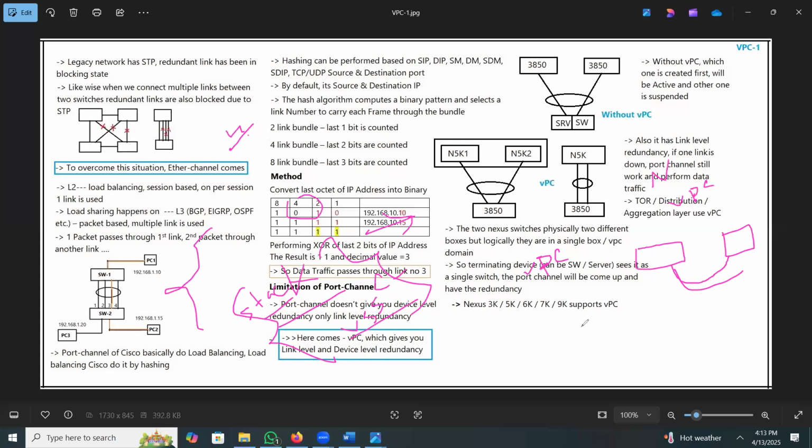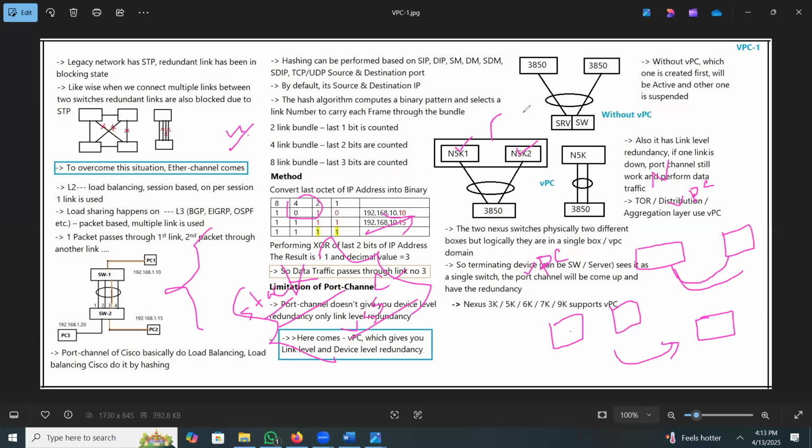So what is the end goal? The end goal is that two switches will act as a single logical switch. Suppose 5K1 and 5K2 are two different switches, but the same model, same IOS. Okay.